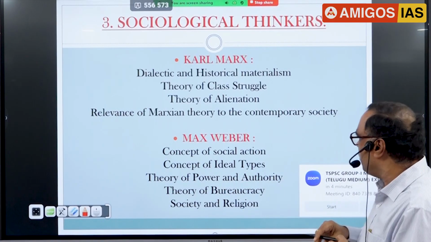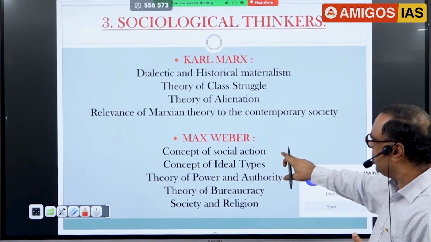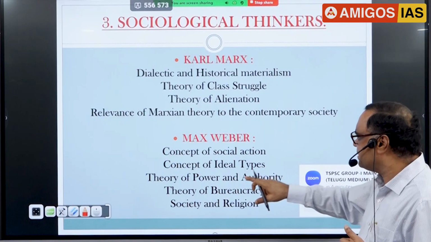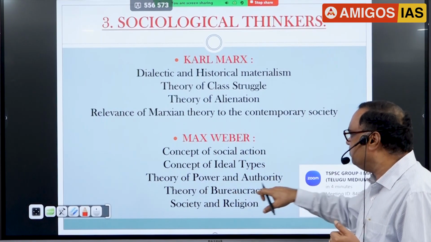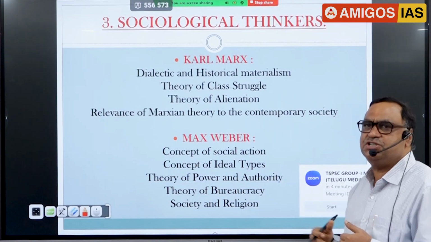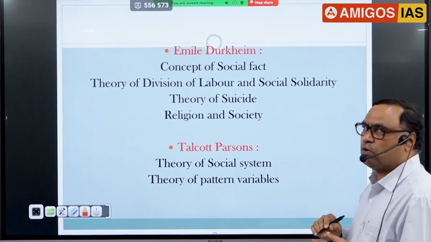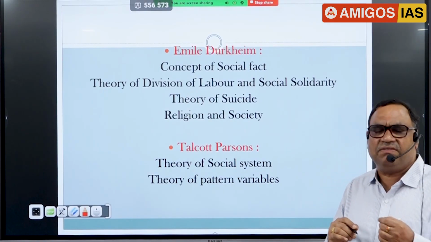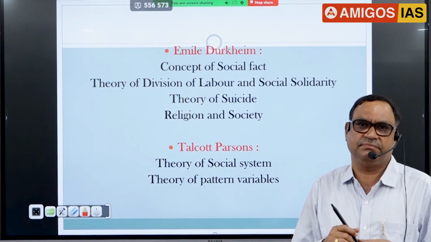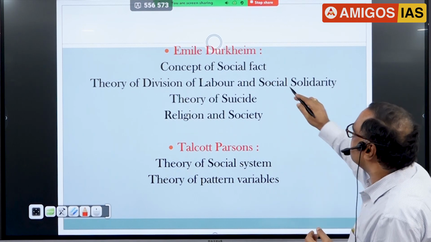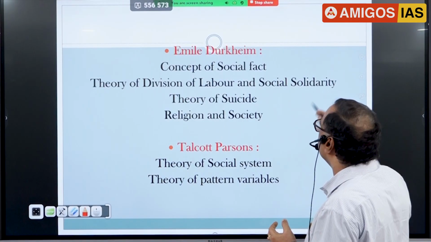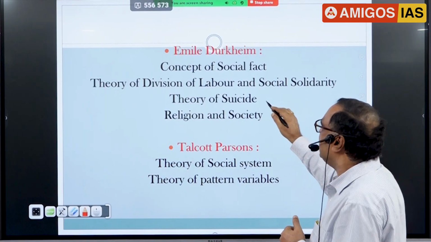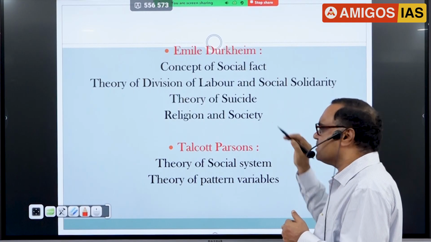And Weber talked about the concept of social action, concept of ideal types, theory of power and authority, theory of bureaucracy, society and religion. Then Emile Durkheim. Basically, he was a functionalist. He has discussed the concept of social fact, theory of division of labor and social solidarity, theory of suicide, religion and society.